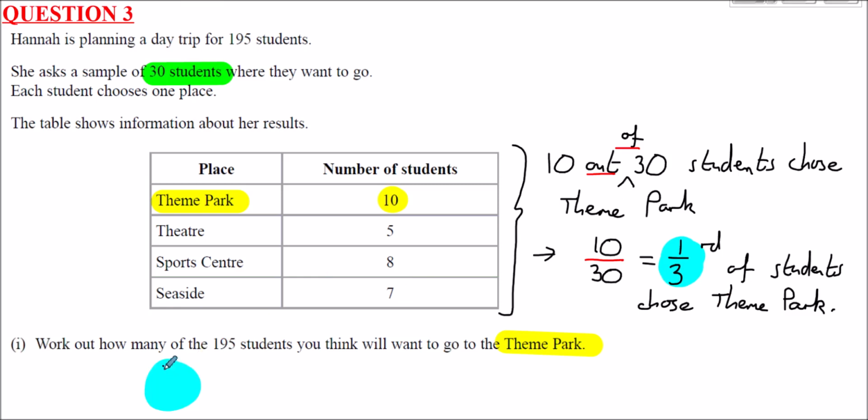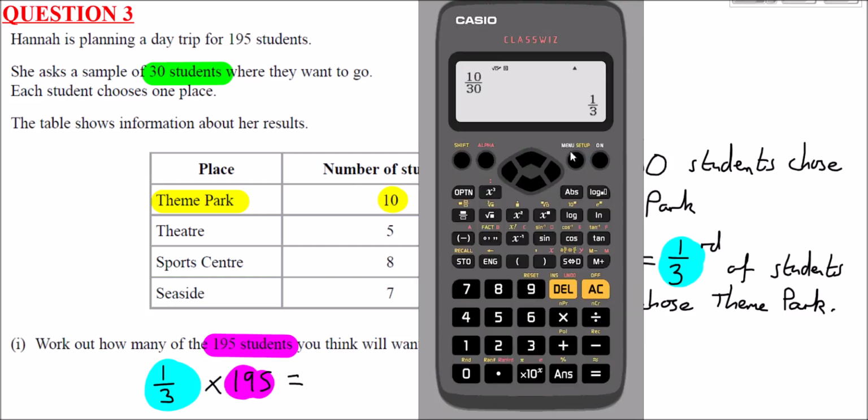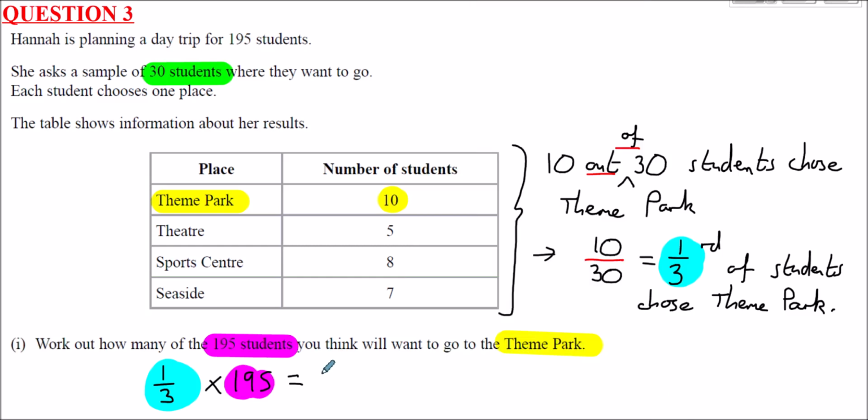So we would estimate that 1/3 of these 195 students would want to go to the theme park if this sample is representative of the total student body, and that ties into question part 2. So 1/3 of 195, we can now calculate this fairly straightforwardly. So 1/3 of works as multiply, 195 gives us 65. So the answer we're going to go for here is 65 students.